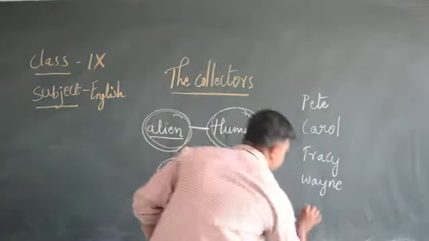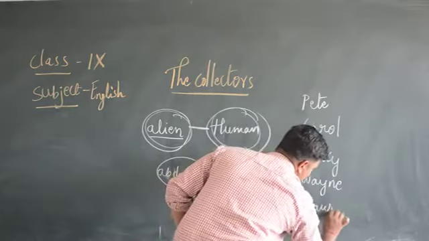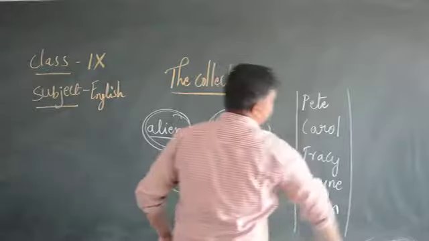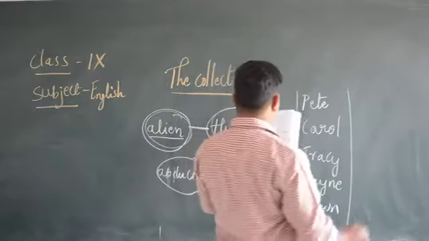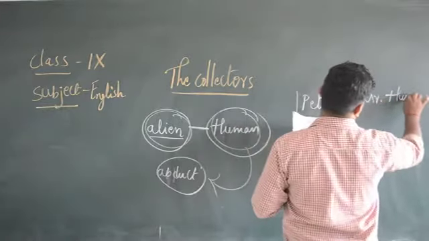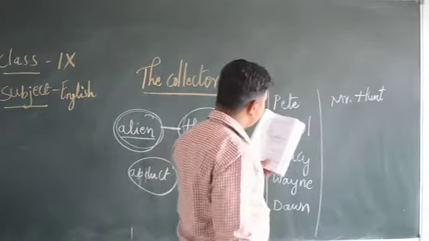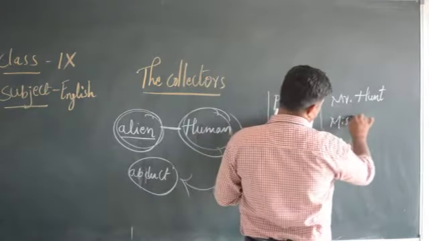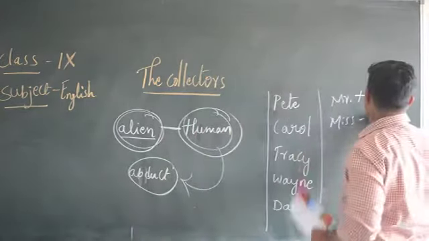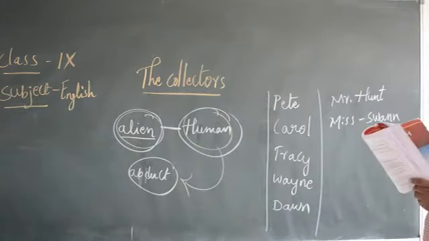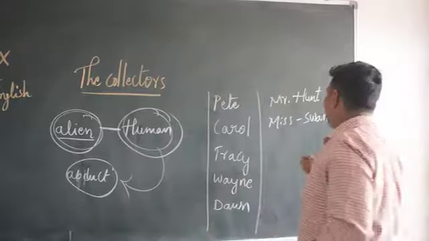Then Dawn, D-A-W-N. These are some characters, and we also have some more. Mr. Hunt. Then we have Miss Swan. After that we have Mistress Jones.